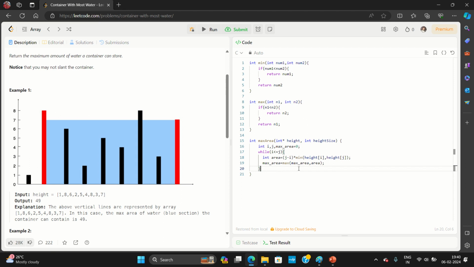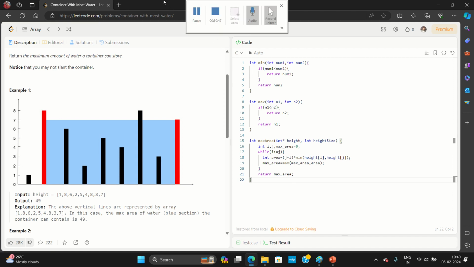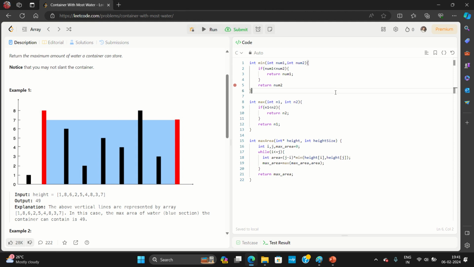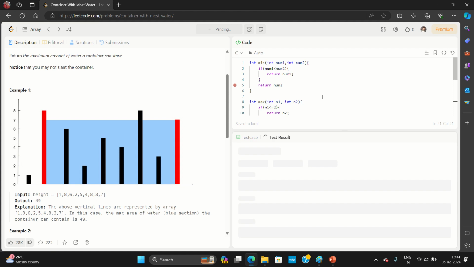Now, consequently we will be getting the maximum area through this loop, and so we return the max area. Okay, so let us check the output of this code, if we are getting our desired output or not.